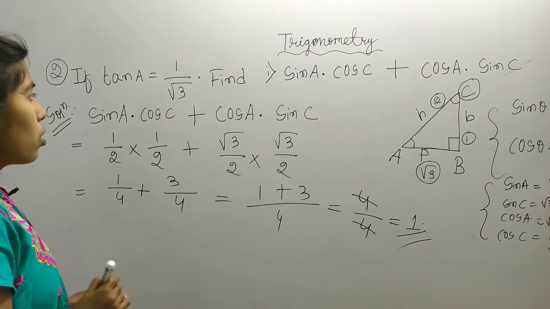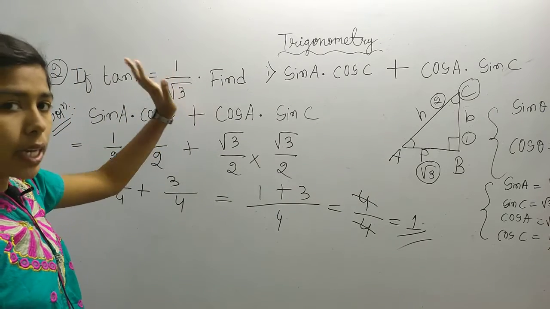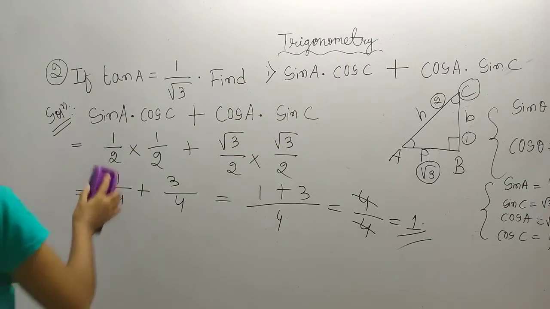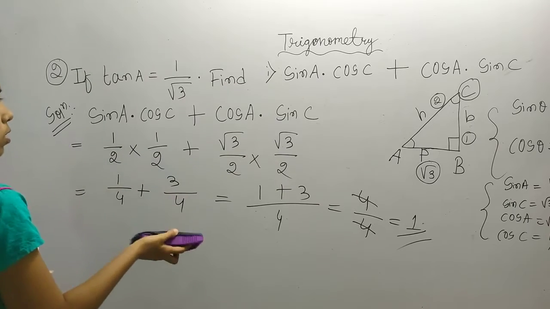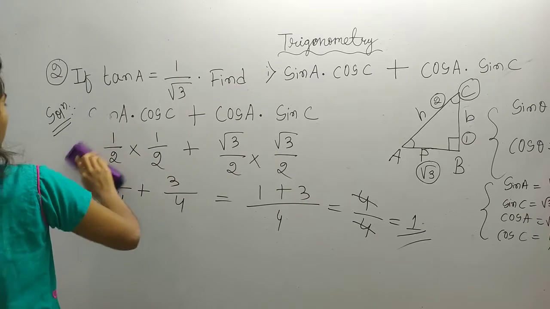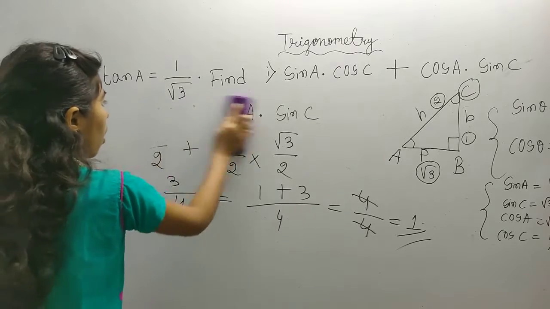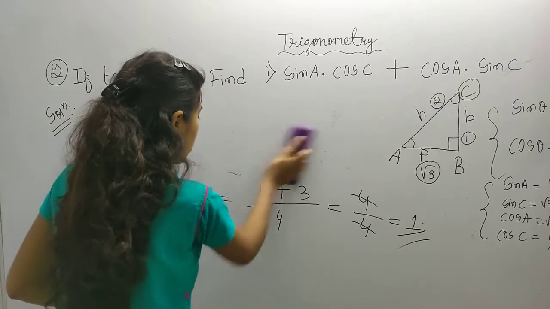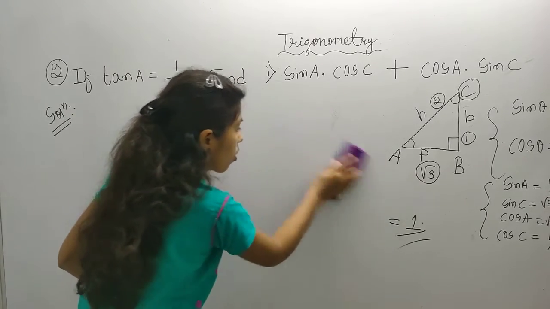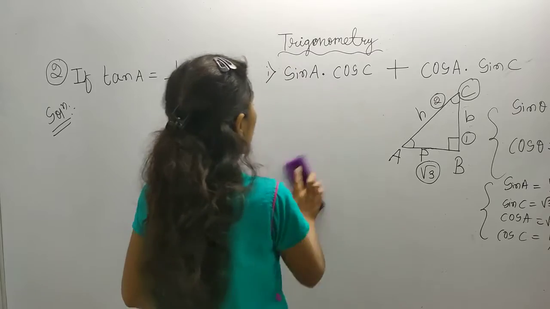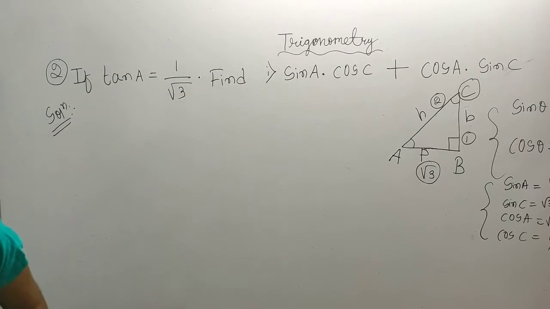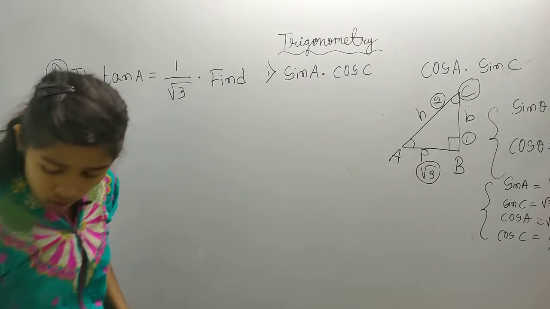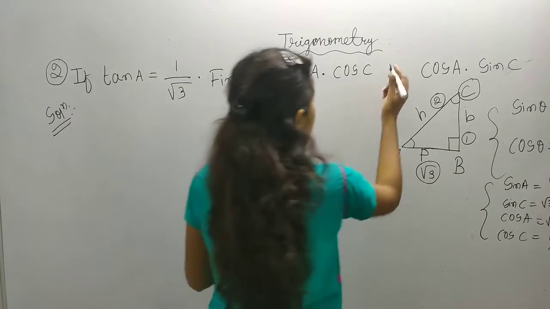Over. So similarly, the given is the same, but we have to change the question. Let's see what the next question is. Same, but only a little bit of a twist is there. What is that? You only have to change the sign to minus.